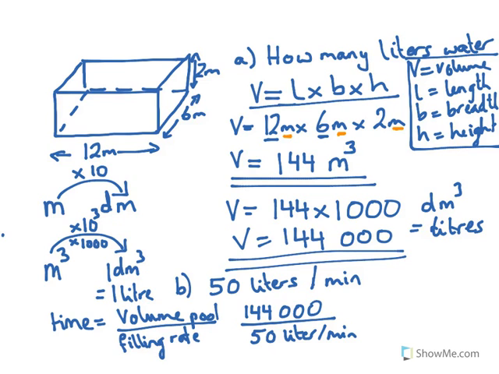Okay? And it can be thought of as being a little bit similar to our speed diagram, where we have that the filling speed or the velocity is distance over time.